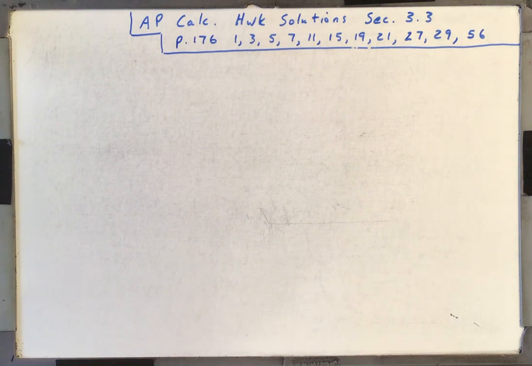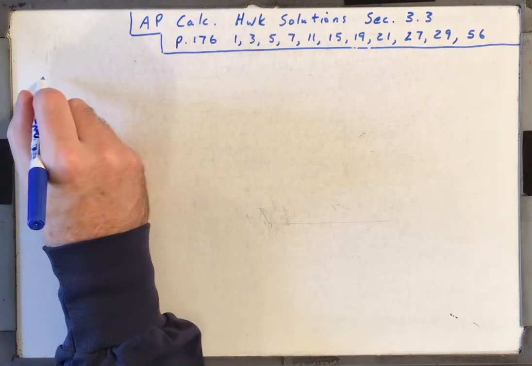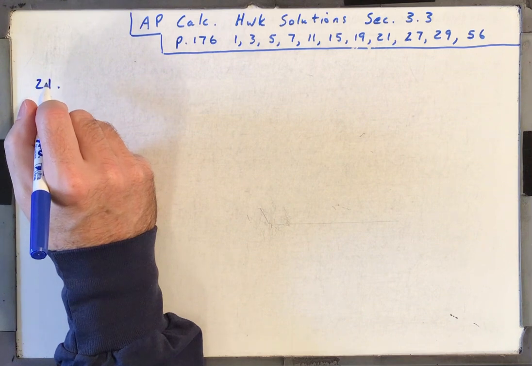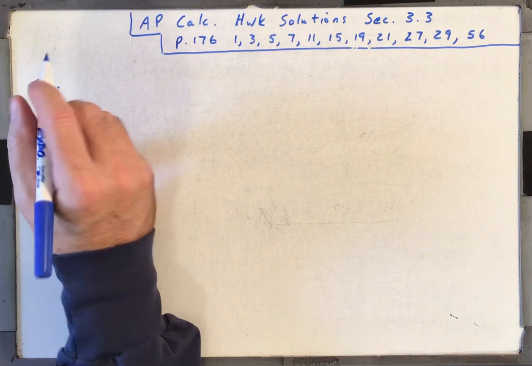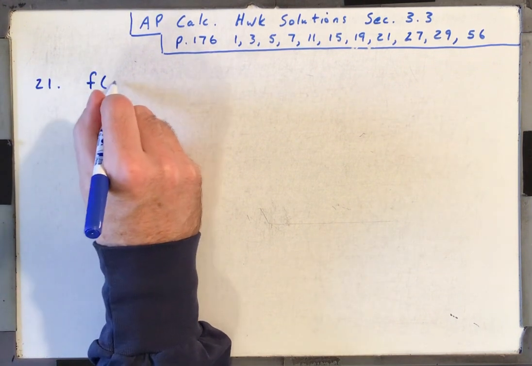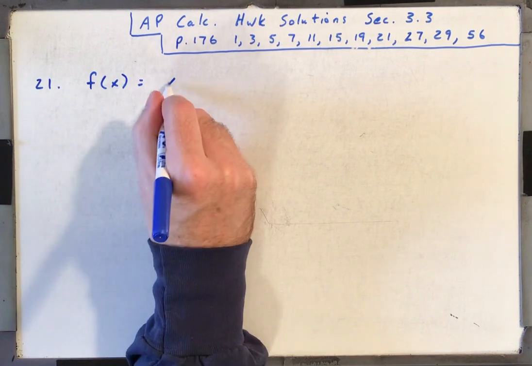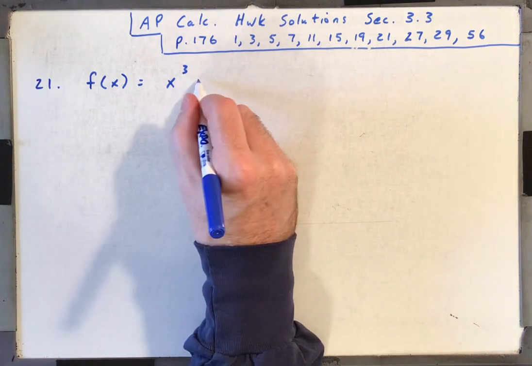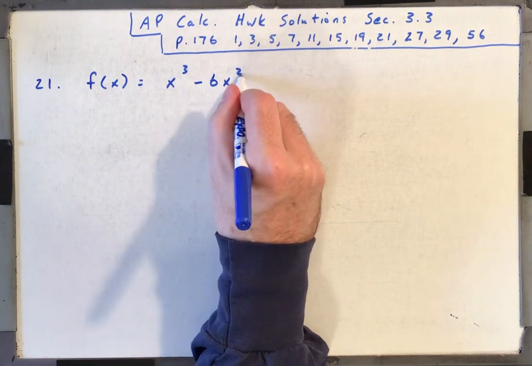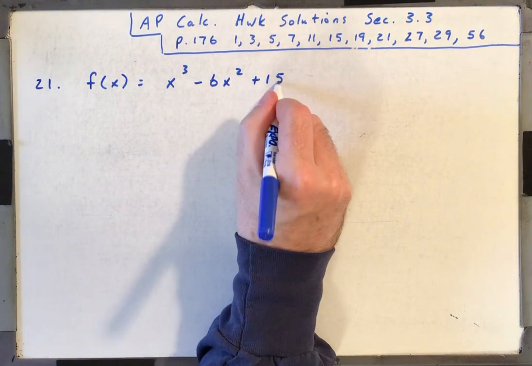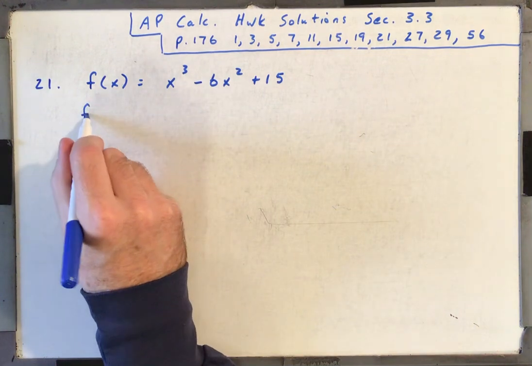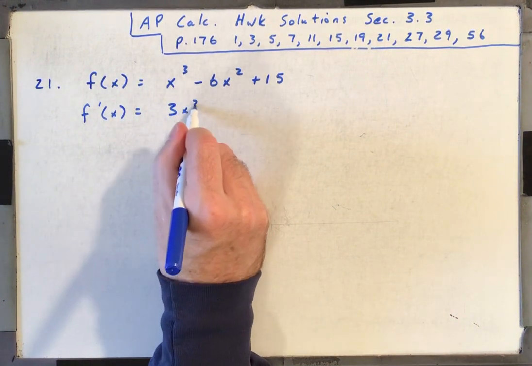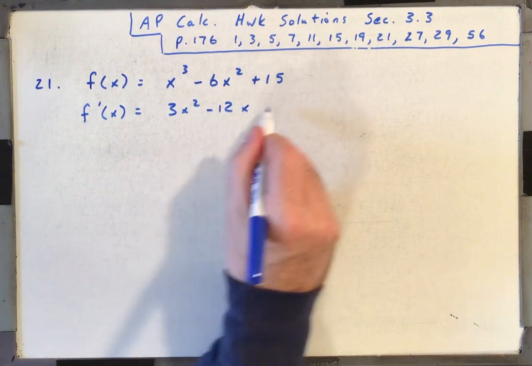All right, 21 and 27. 21 doesn't look too bad. So for 21, we have f of x is equal to x cubed minus 6x squared plus 15. Okay, so we're going to take the derivative. 3x squared minus 12x.